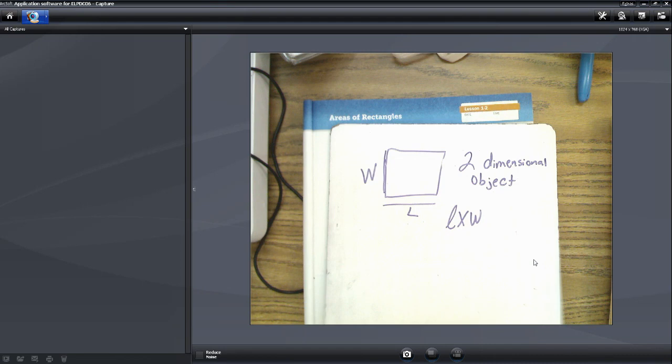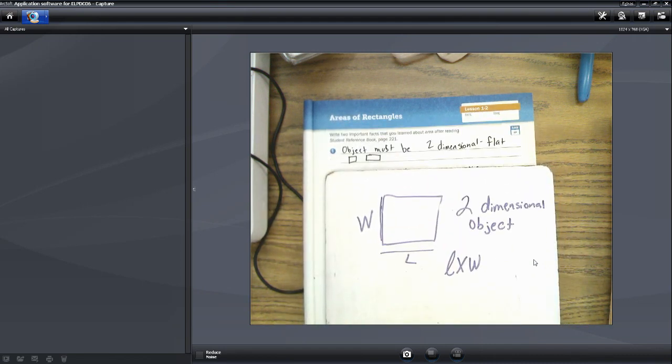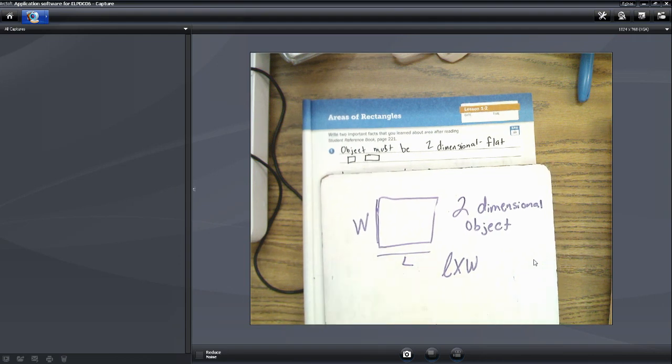So when you're talking about area, first of all, my number one fact is that the object must be two-dimensional. It must be flat. Now, I multiplied two numbers. I multiplied length times width.